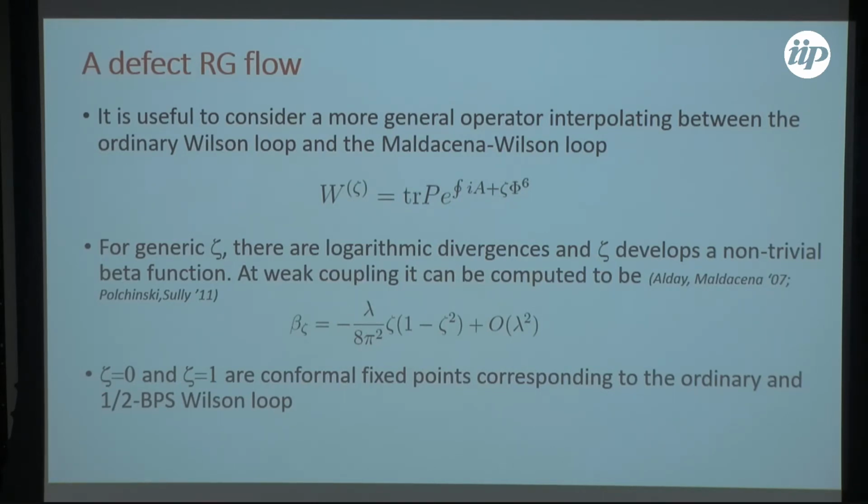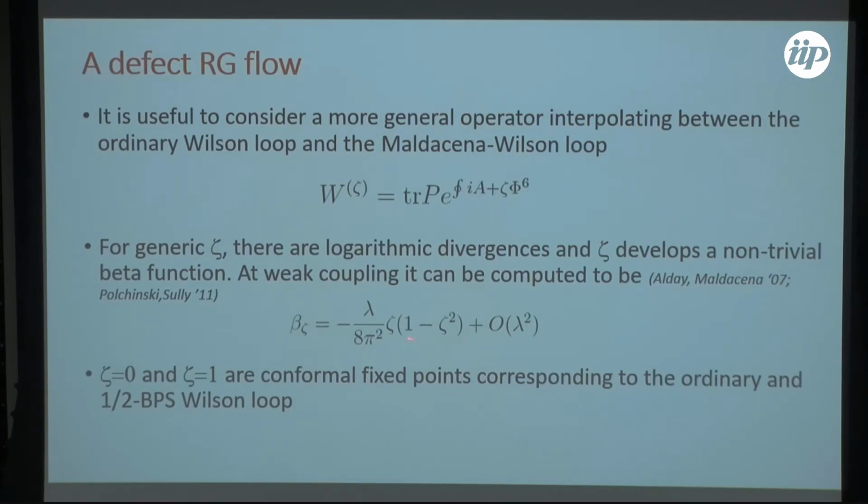So lambda is just the 't Hooft coupling of the gauge theory, and zeta is this coupling on the Wilson loop. You see from here that there are two conformal fixed points, which are zeta equals 0, which is just the ordinary Wilson loop, and zeta equals 1, which is the supersymmetric half-BPS Wilson loop. So this operator can be viewed as defining some kind of RG flow between these two operators.